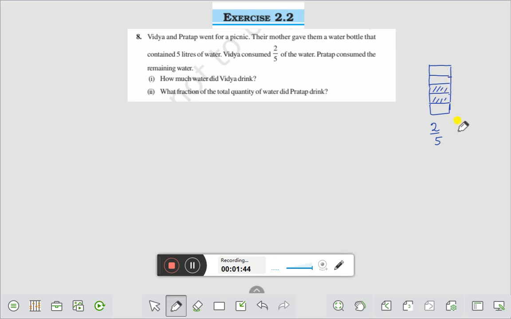Vidya consumed 2 by 5 parts and Pratap consumed 3 by 5 parts.